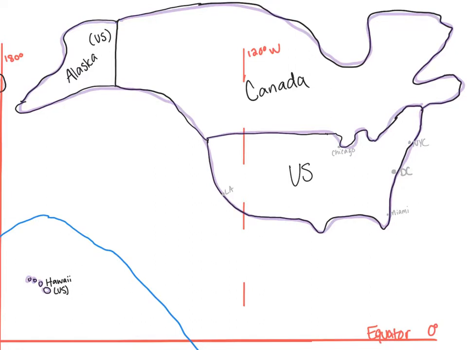There are, oh wait, I forgot about one too. We are also going to put Anchorage over here in Alaska. That is the capital of Alaska, Anchorage. Okay. All right, now we'll move on to Canada. So Canada, we have just a few important cities. On the west coast over here, we have Vancouver.